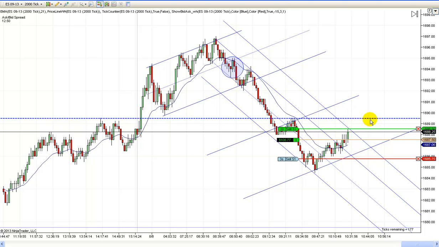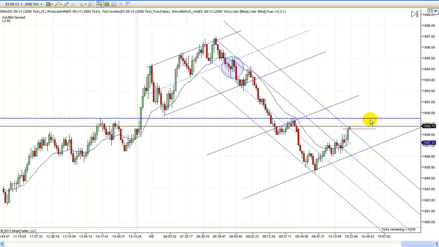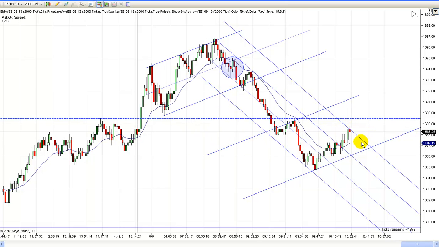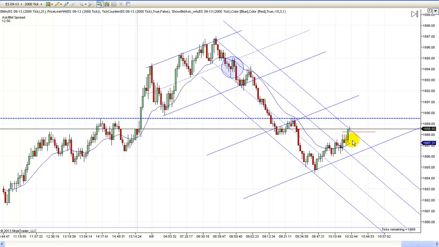Couple more ticks. There we go. We're bouncing off our order now. And there we go. And you see, at this point, it looks like I exited that perfectly. It got one tick through the line, and that's it.